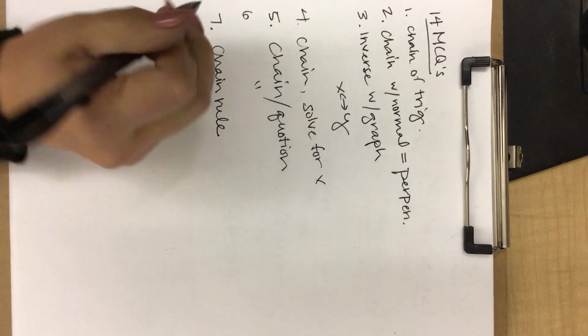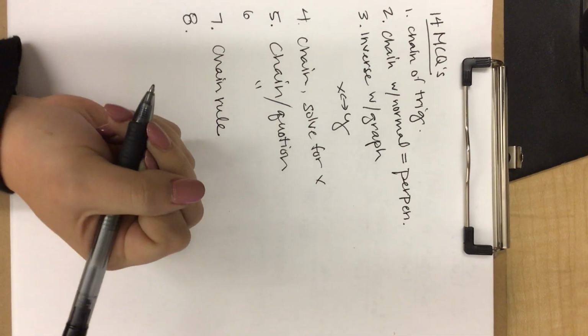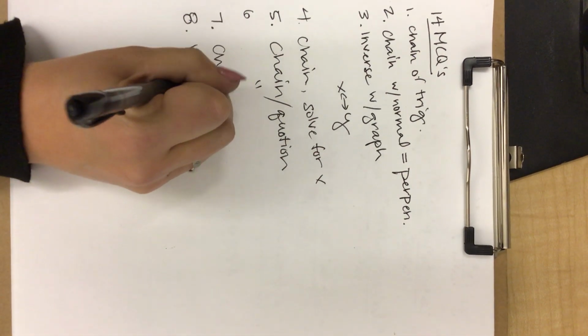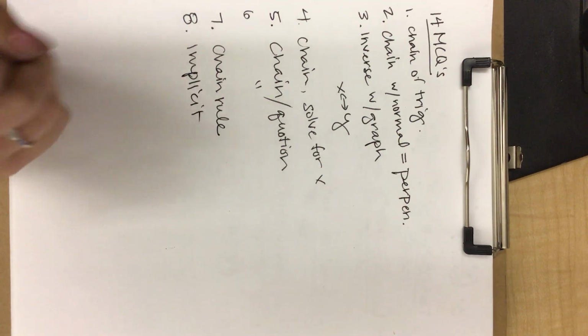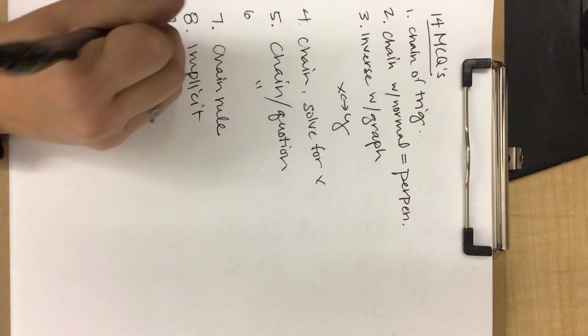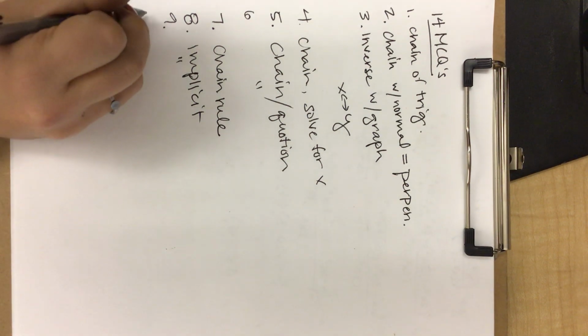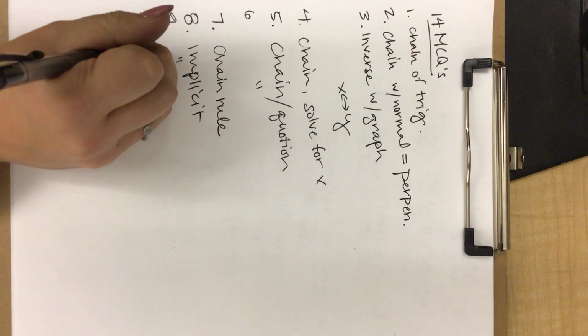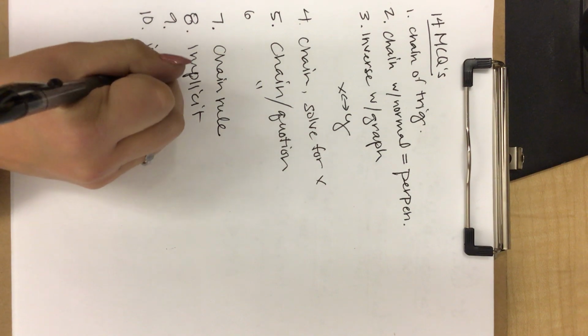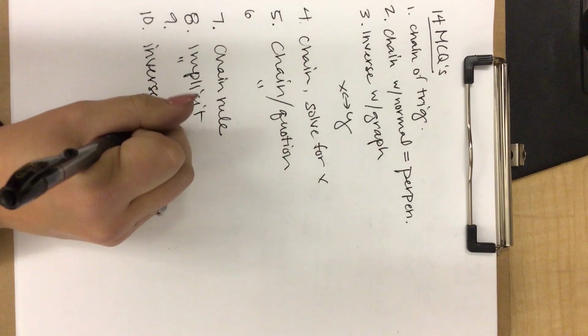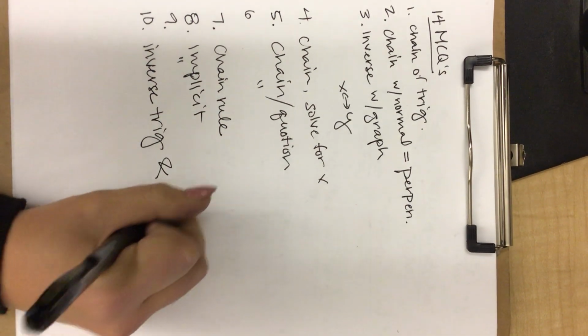That's the main idea of this entire chapter. Then we got implicit. Okay. I've got 2 of those. 10, I've got some inverse trig. Okay, arcsine, arccosine, etc., etc. And chain.